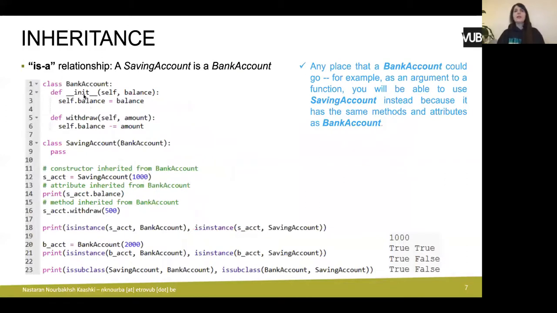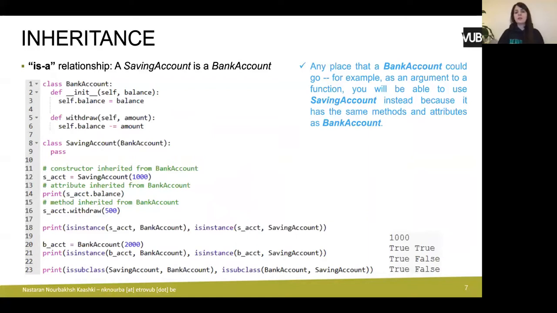So look at this example. We have a BankAccount here and we have a SavingAccount. Both of them are different classes. We know that a saving account is a bank account. So we should keep in mind when we are implementing inheritance that we should implement it such that the derived class is a parent class.